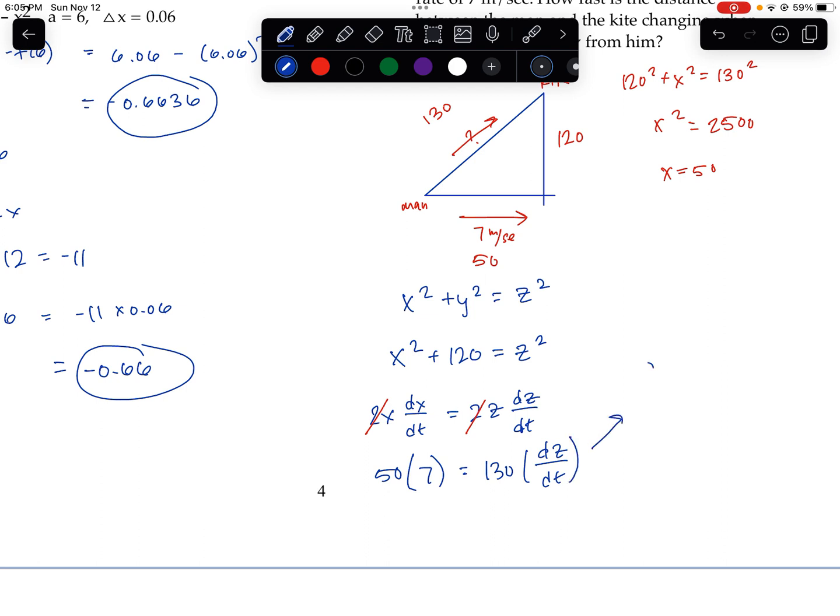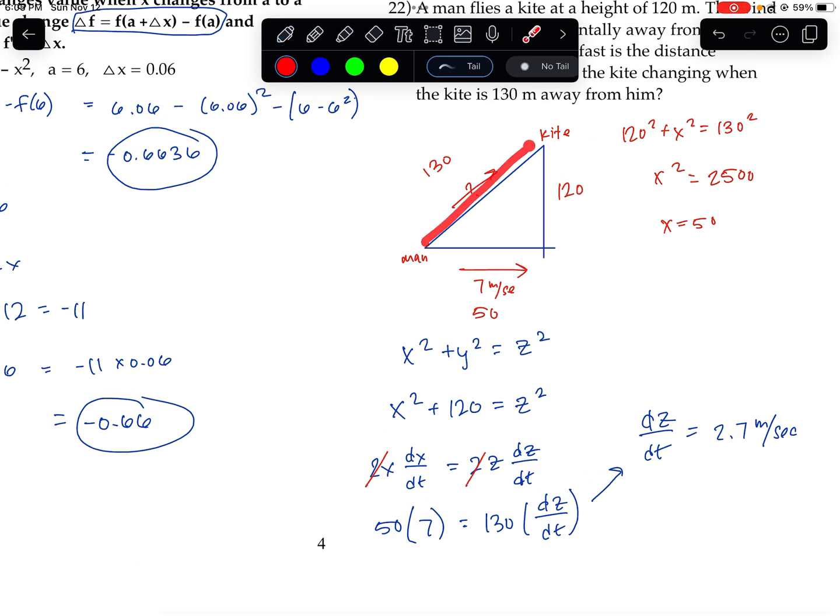So do some algebra: 50 times 7, divided by 130. This is equal to 2.7, and the units will be meters per second. That's the rate at which the distance between him and the kite is changing.